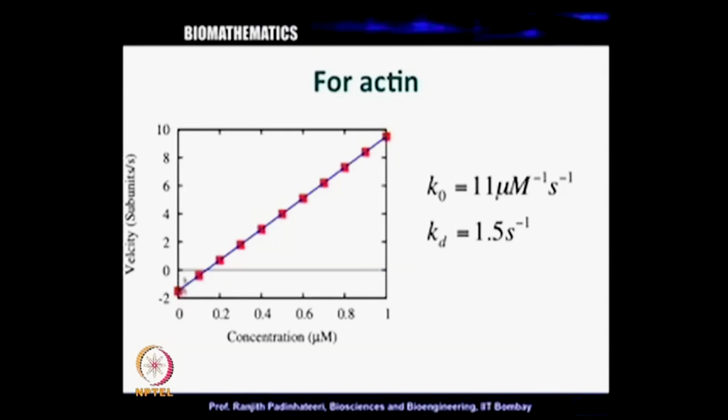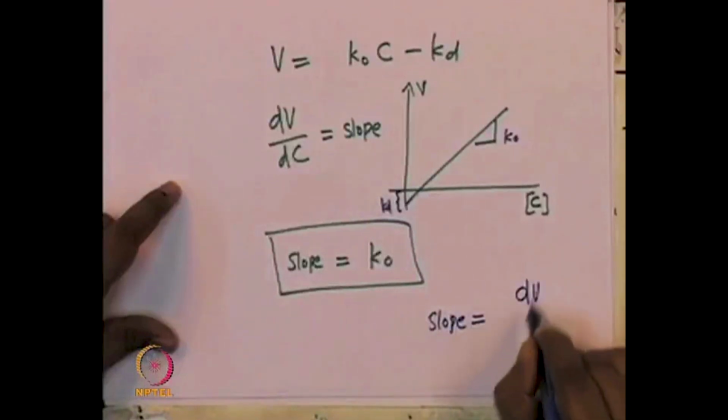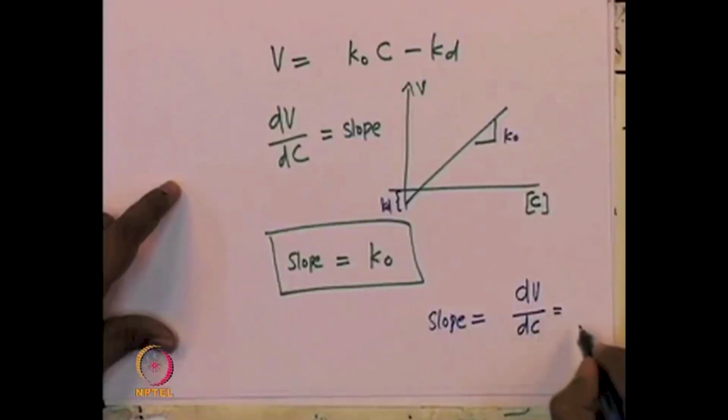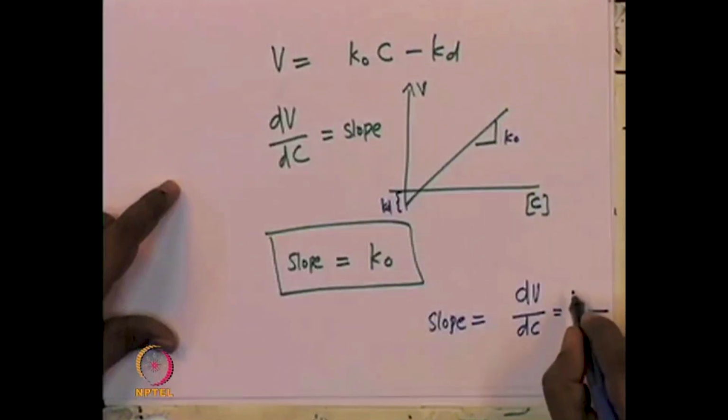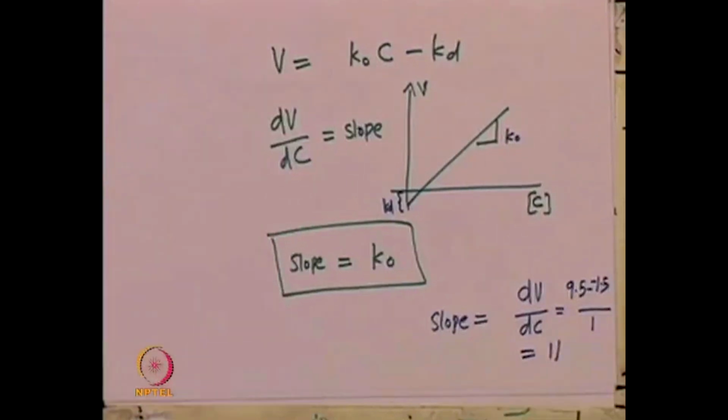So, from minus 1.5 to plus 9.5, that is about 11. If you count from minus 1.5 to this particular point, which is plus 9.5, this turns out to be 11. So, you can see the slope is dV by dC. dC is 1 and dV is 9.5 minus minus 1.5, which is 11.